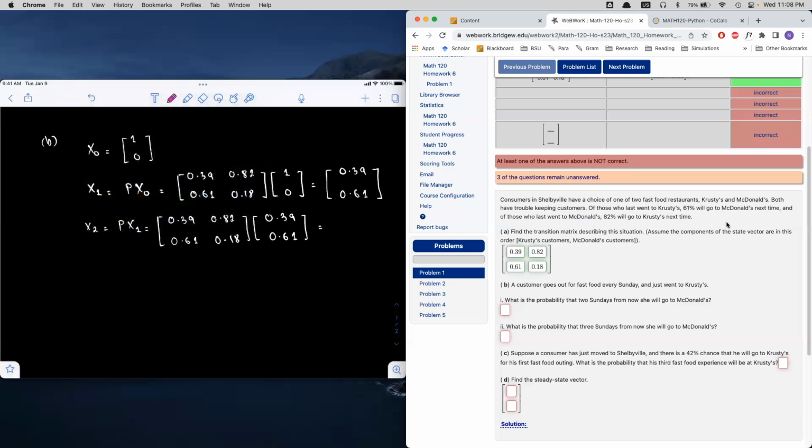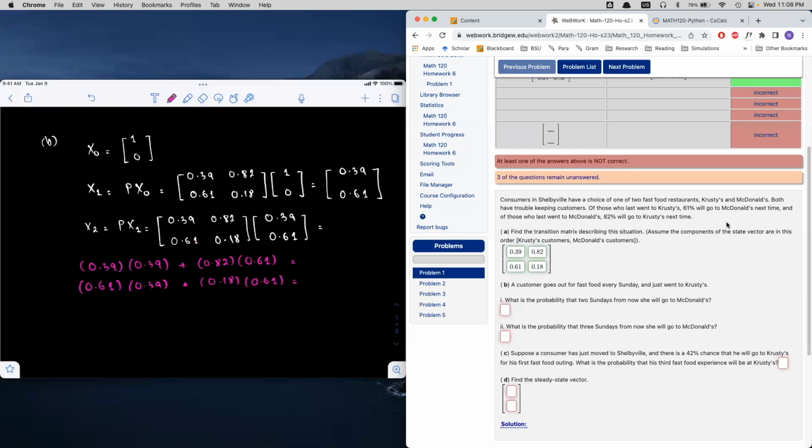For matrix multiplication, you take the first row and combine it with the column. You should get 0.39 times 0.39 plus 0.82 times 0.61. That's the first entry. For the second entry, you take the second row, combine with the column, and get 0.61 times 0.39 plus 0.18 times 0.61.